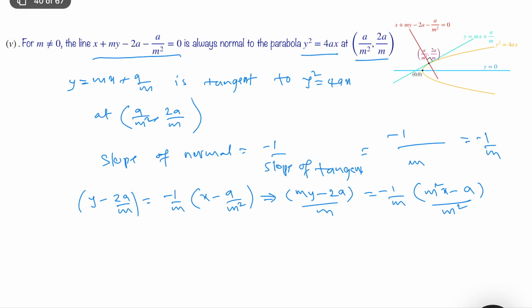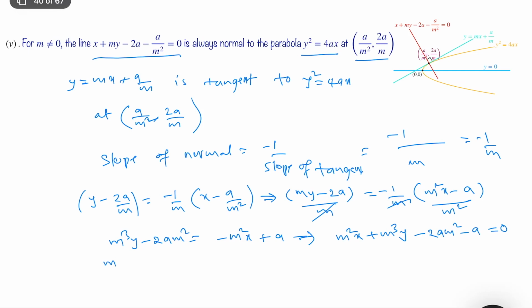Now if I cancel these things, if I bring m square this side, then I will have m cube y minus 2a m square equal to minus m square x plus a. If I bring everything one side, then I will have m square x plus m cube y minus 2a m square minus a equal to 0.